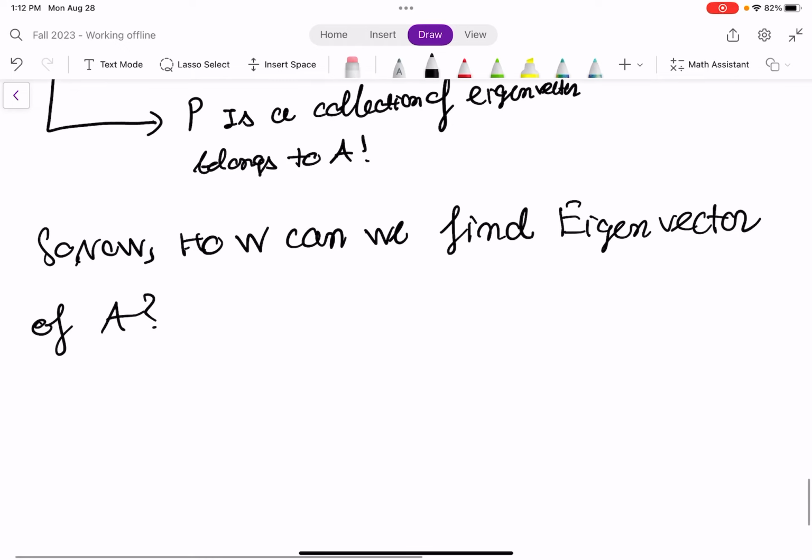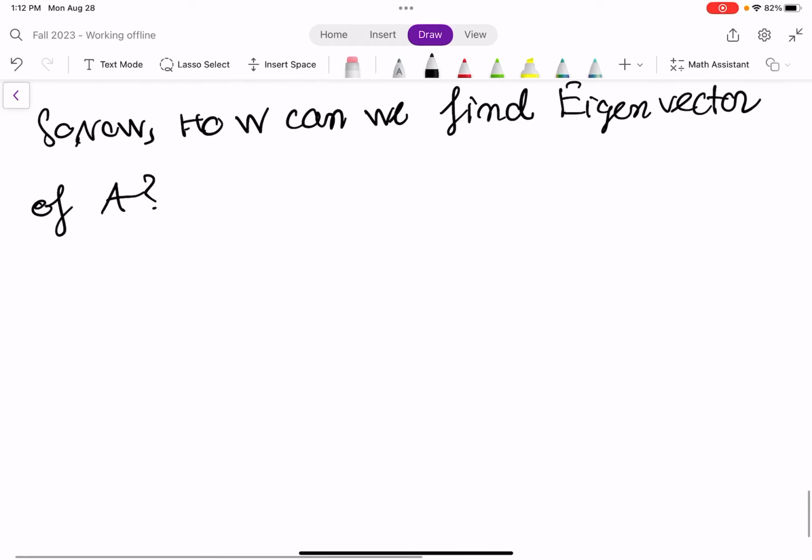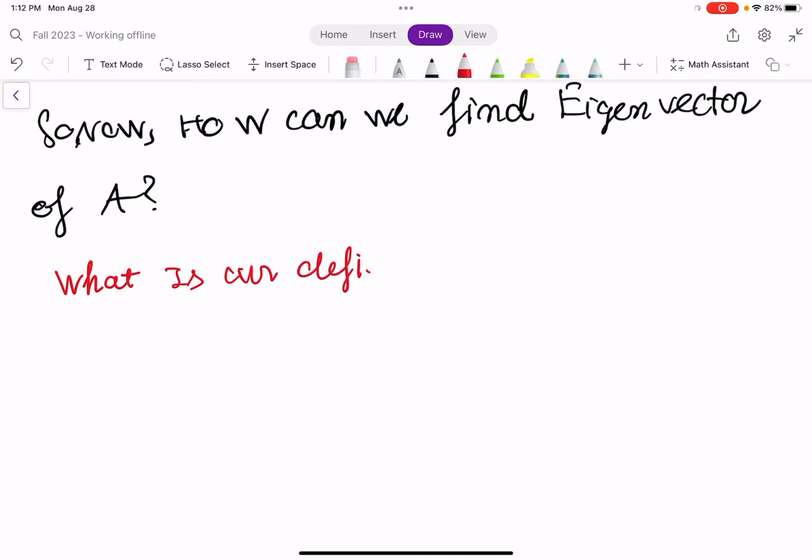So let's go back to our definition of eigenvectors. What is our definition for eigenvectors?